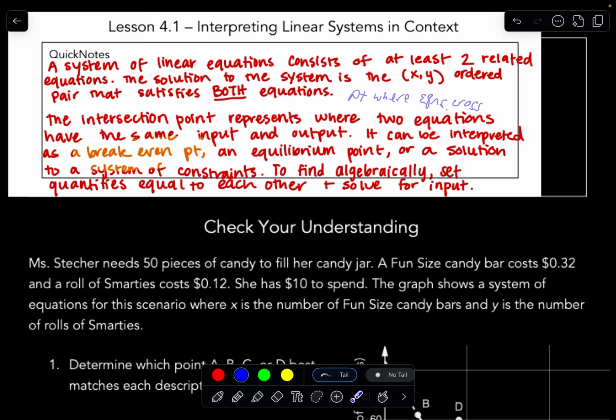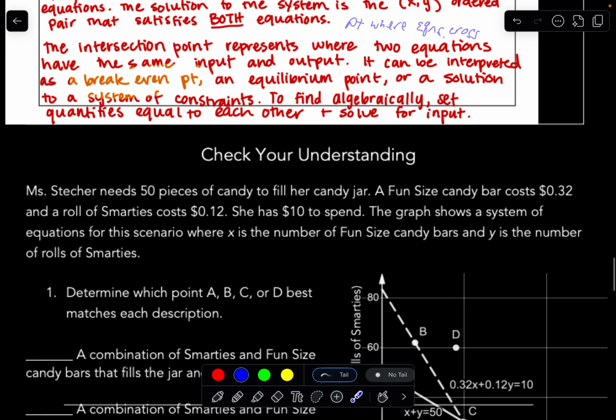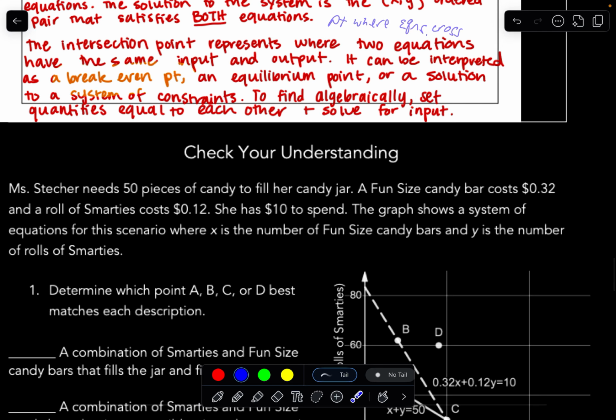I just want to reiterate, a system of linear equations consists of at least two related equations. The solution to the system is the xy ordered pair that satisfies both equations. Basically, it's the point where the lines cross. The intersection point represents where two equations have the same input and output.